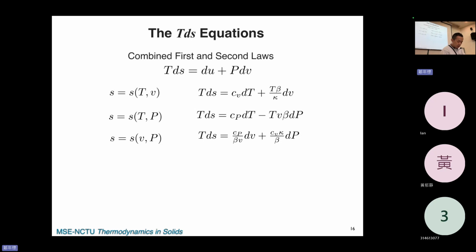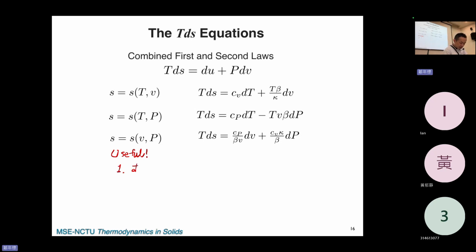All right, so I would say the reason why we learn the TDS equation is that it is useful. Although all these TDS equations are equivalent to TDS equal to du plus PdV, this is just useful.